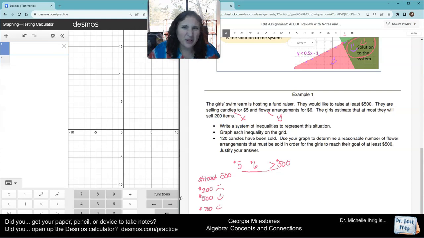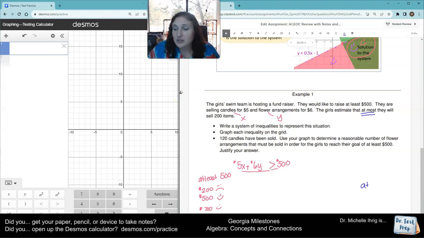In real life, you wouldn't write the dollar sign symbols. So if X is candles, it'll be 5X. And they're also selling, so and is plus sign, flower arrangements for $6, 6Y. That's our first inequality.